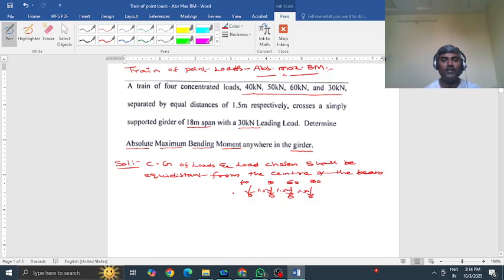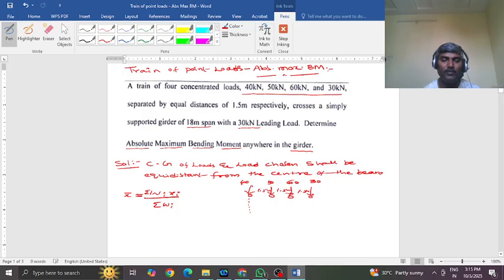So how do you find the CG of these loads? We have learned in engineering mechanics that the CG can be calculated with the formula: sum of W_i x_i divided by the total load will give you the X bar value. For finding X bar, you need a reference line.